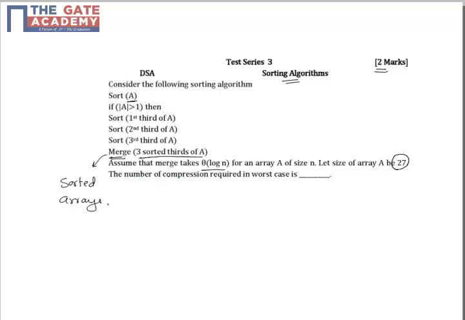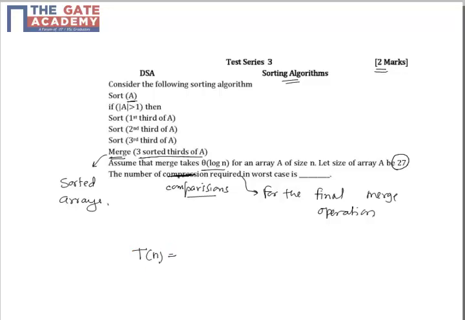So this is nothing but the comparisons: the number of comparisons required for the final merge operation in the worst case. So what is the recurrence relation here?